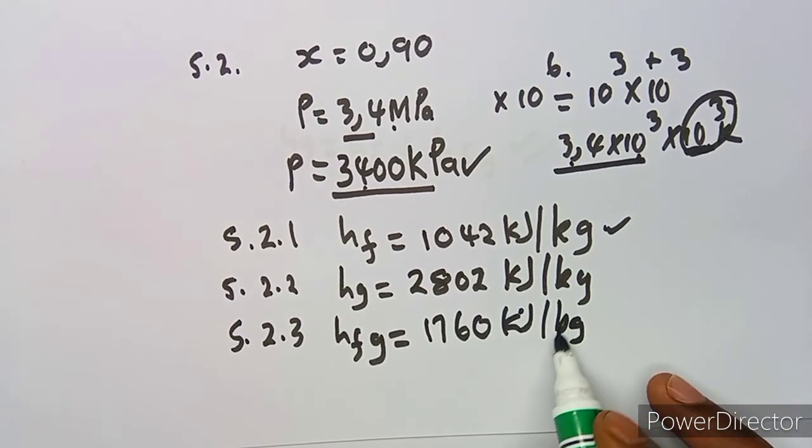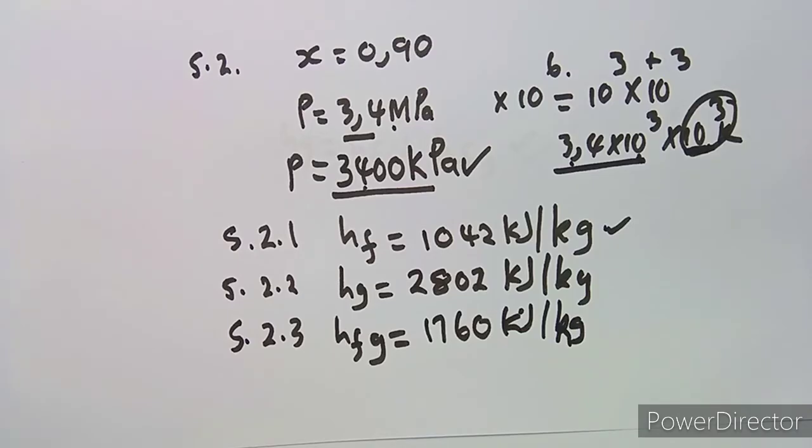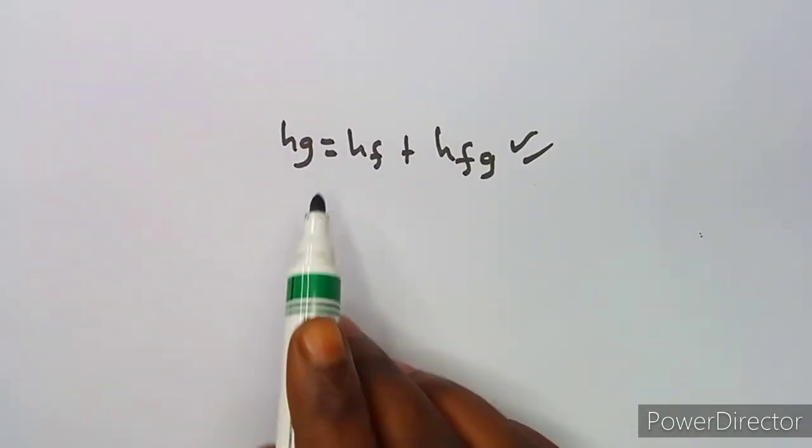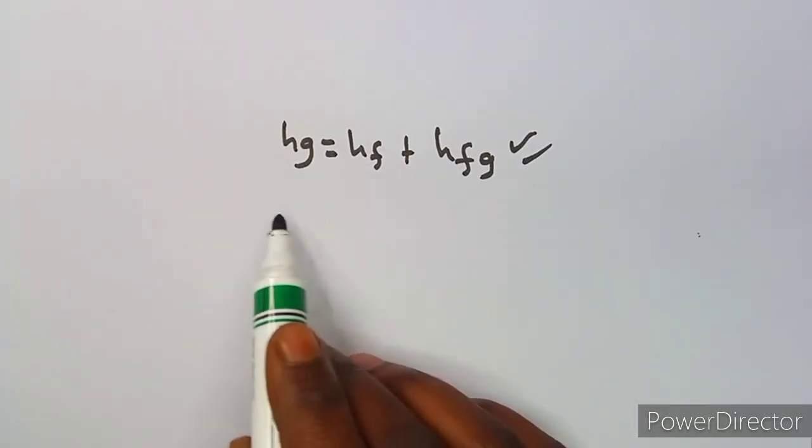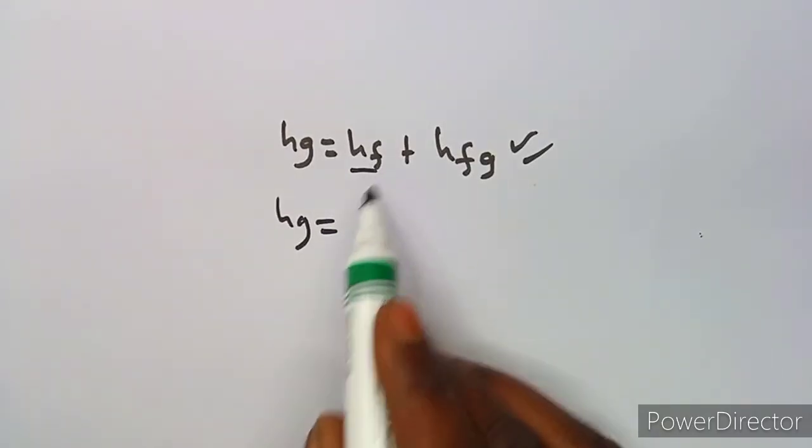But you could have used this calculation to find HFG, since you have got HG and HF.